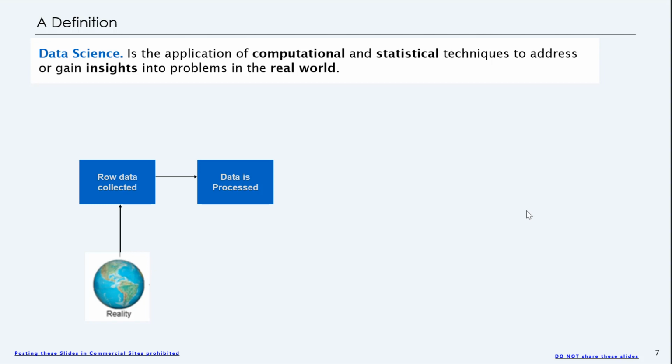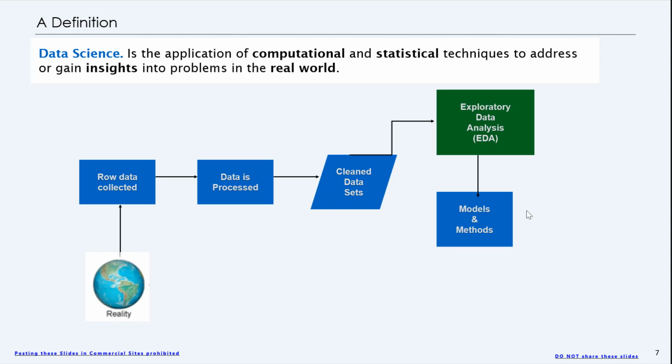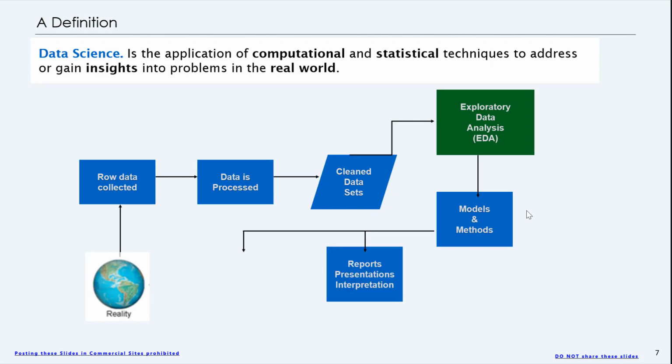Data is processed, and then we clean the data, and then we do what we call exploratory data analysis or some visualizations to find out what we might see in this data. So we use some models and methods, and we find reports, presentations, and interpretations, and then we produce a product.